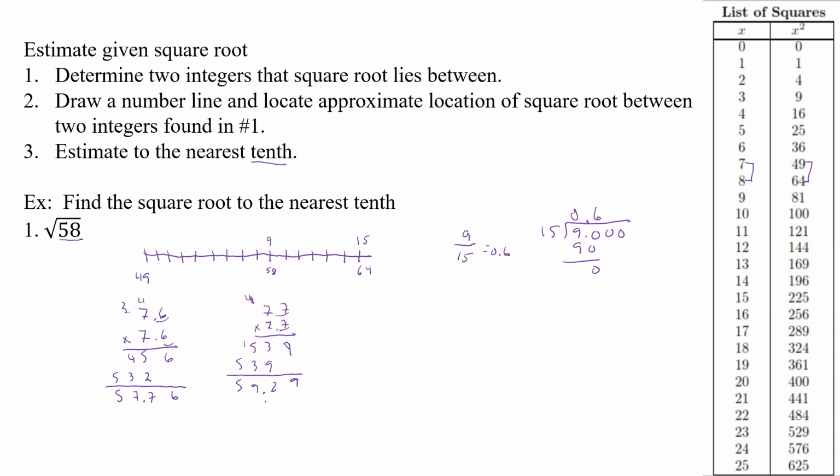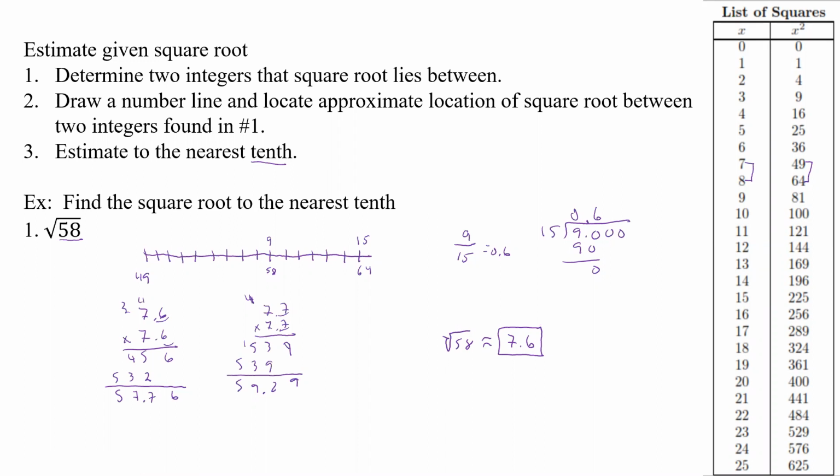So 59.29. So that's way over 58. And so my closest number for the square root to the nearest tenth for square root of 58 is going to be approximately 7.6, and that is going to be my guess for the square root of this number, approximately 7.6.